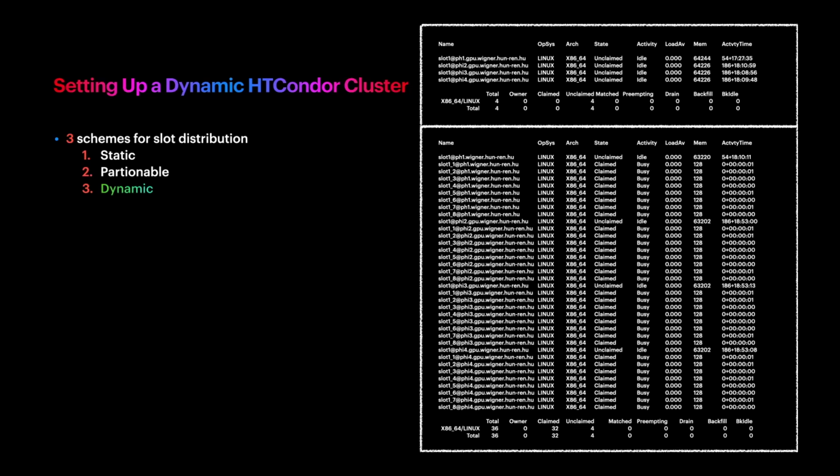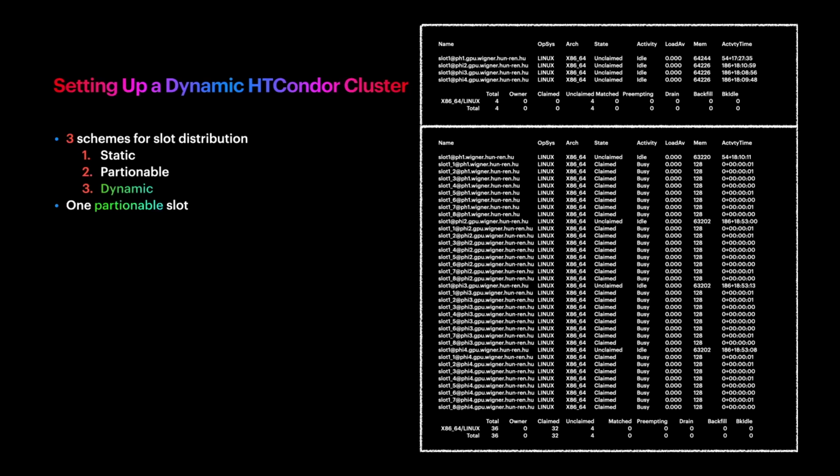And then there is the dynamic one, which is a slightly extended version of the partitionable one, because in partitionable slots you still have a restricted memory size and CPU size. Only the disk can be partitioned. In the dynamic slots, everything is managed through the submission file.